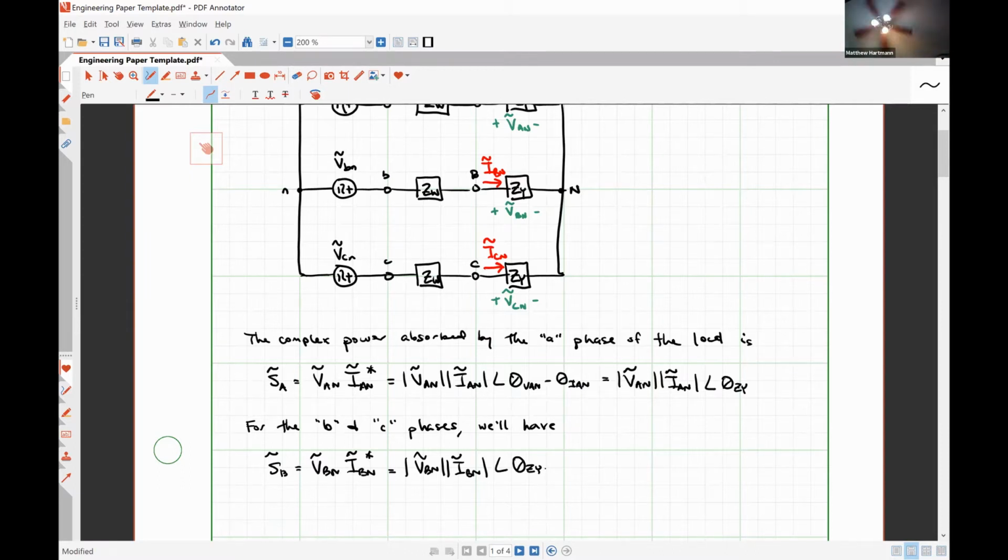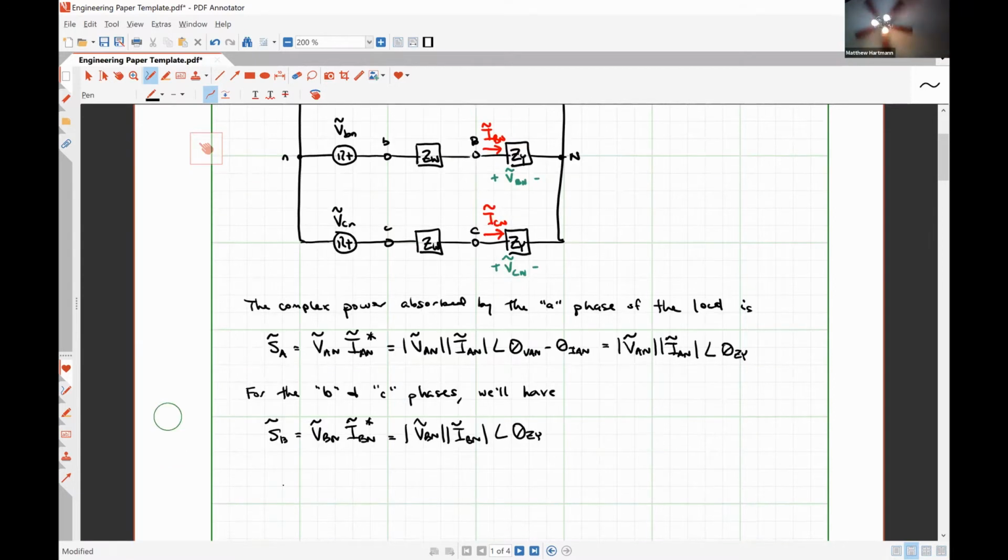I'm just skipping that intermediate step. And similarly, the complex power absorbed by the C phase is going to be VCN ICN conjugate, which is the magnitude of VCN times the magnitude of ICN, angle theta ZY.